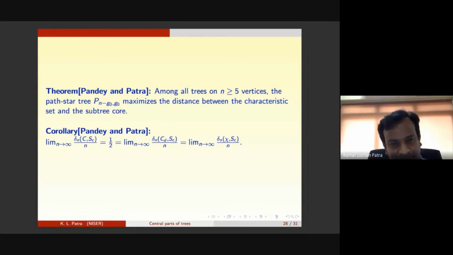So though we are able to answer the question about maximizing distance for all these six types, when the characteristic set is involved it is difficult to say exactly where the characteristic set lies in a path star tree.